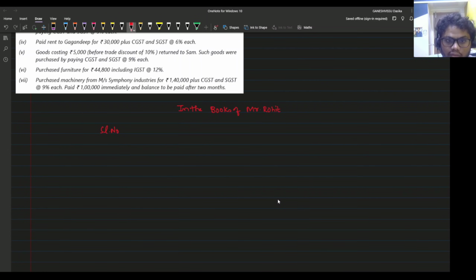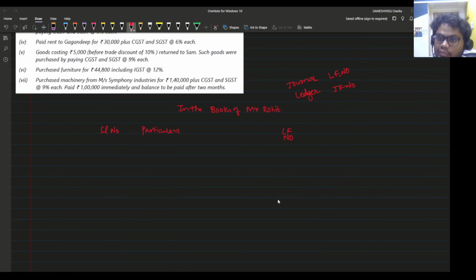Serial number, particulars, ledger folio number. As already explained, in the journal we are going to write the ledger folio number, and in the ledger we are going to maintain the journal folio number.